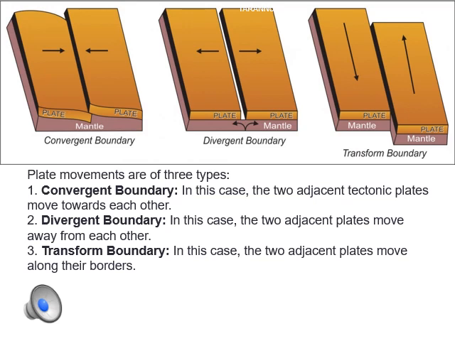If one is going up, the other will go down. While moving, the boundary that is created between them is called a transform boundary. So if you see the arrows, you will understand how these plates are moving.